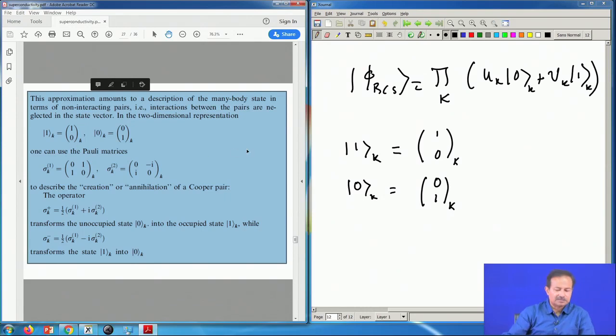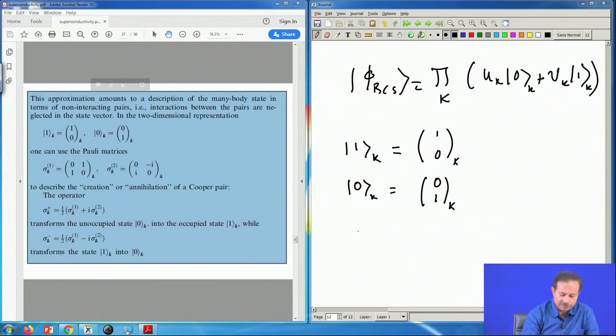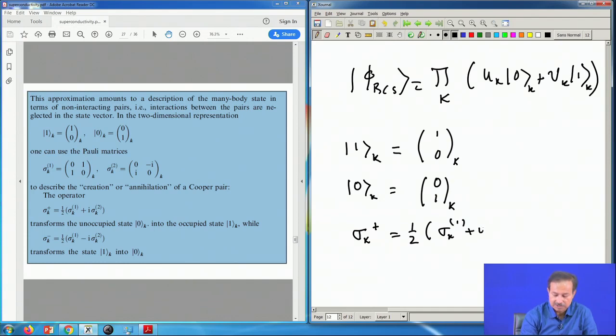Now, you can transform these states between one another using Pauli matrices. These Pauli matrices can be used now to define a creation and an annihilation operator, which is half of σ_k1 plus iσ_k2. So, σ_k1 and σ_k2 are these matrices.